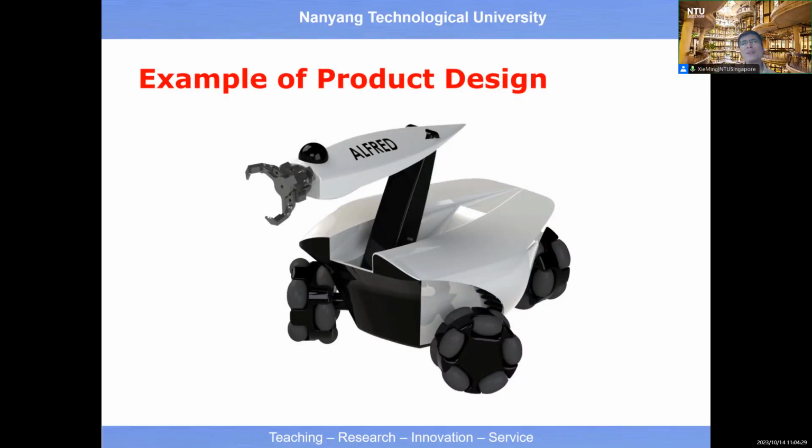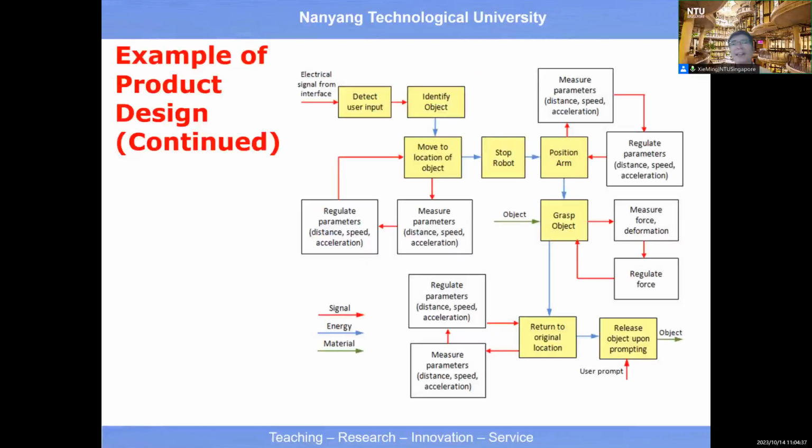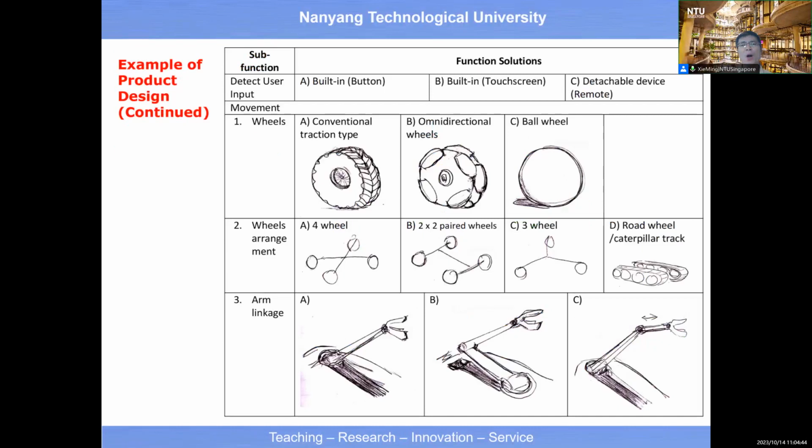Then for product design, today more or less we know the procedure. Let's say we want to have a smart robot as a product. Based on the diagram of the function to be performed by this robot, we can identify the modules or individual subsystems to be included inside the robot.